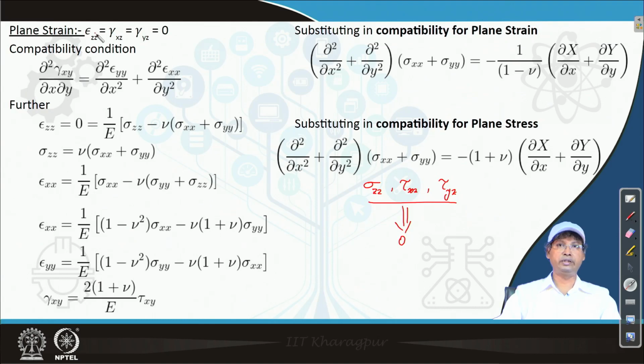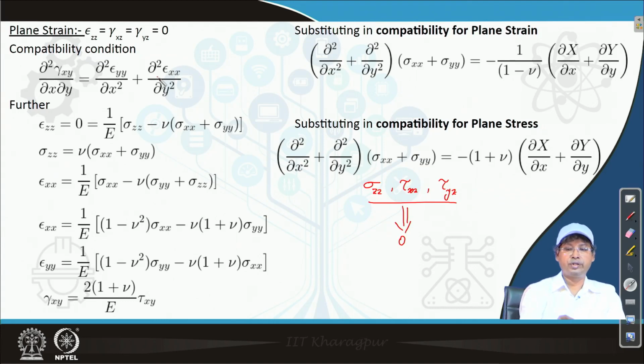So, the compatibility condition we need to satisfy is in terms of stress, and that is the reason compatibility is written first at the beginning. Not all the steps of the previous method are repeated here, but you can easily do it. These values for the strain components are put back into this equation, so we get the equations in terms of stress.